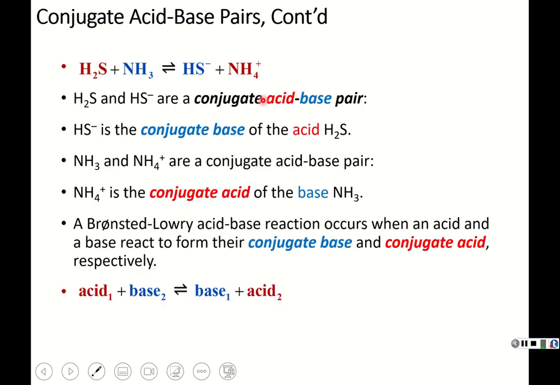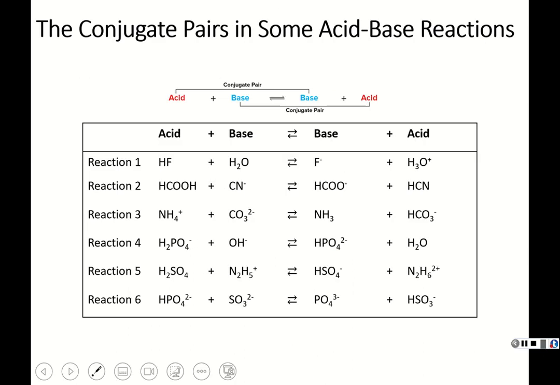That's where we talk about conjugate acid-base pairs. H2S and HS minus are a conjugate acid and base pair. In a Bronsted-Lowry acid-base reaction, an acid and a base react to form a conjugate base and a conjugate acid. Here's an example of some conjugate acid-base pairs.